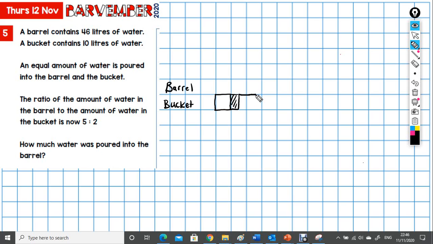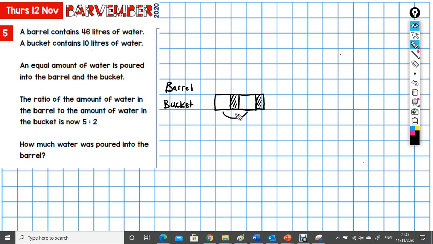And then I'm going to draw another block which is the same as this block, which is the other half of the original amount, and then I have another bit, the other half of what was added. Okay, so this bit equals this bit, and these two are the same. And these represent the original amount, which was 10 litres.